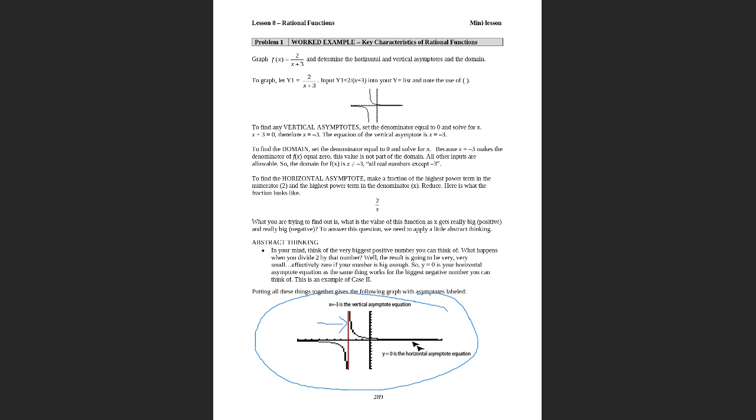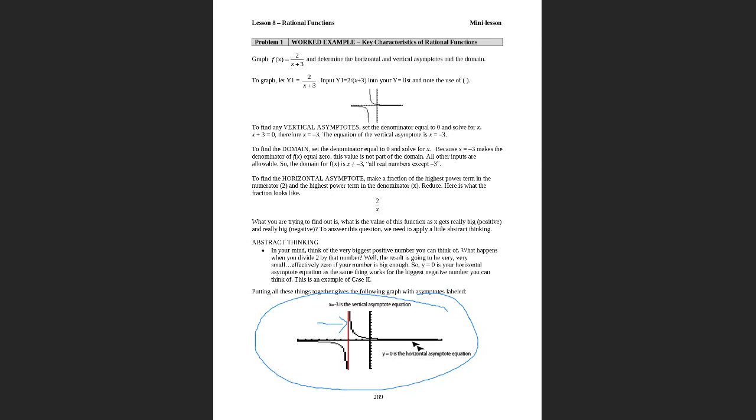When that happens, we say that the red line is the vertical asymptote, because it's a vertical line. The graph gets close to it, but it's never going to touch it or intersect it or cut through it.